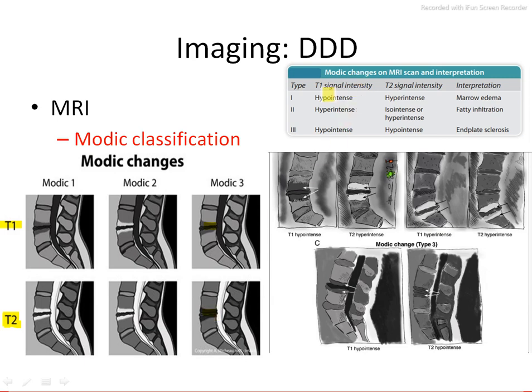You see here the T1 signal. So this is the T1 signal in Modic type 1, which is hypo, a dark field. However, in this case it is hyperintense. So first of all, let's see type 1 only, okay? In T1, as I told, there will be hypo, hyper, and hypo. You see this is Modic type 1, which is hypo.